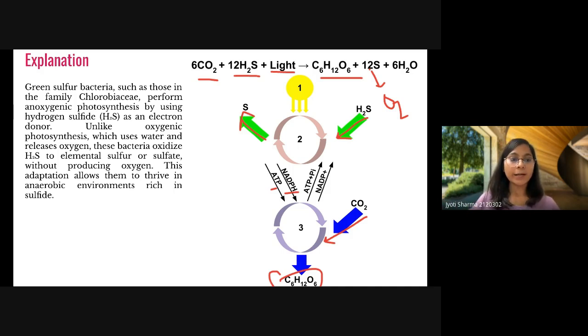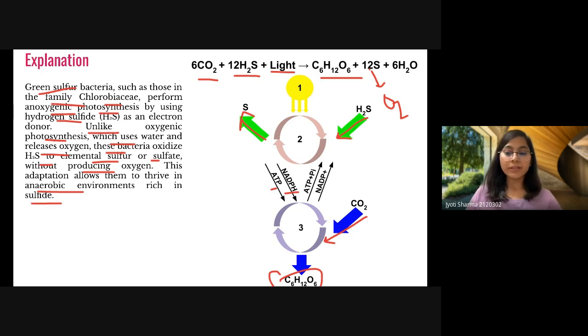So just see the write-up. Green sulfur bacteria, such as those in family Chlorobiaceae, perform anoxygenic photosynthesis by utilizing hydrogen sulfide as an electron donor, unlike oxygenic photosynthesis, which uses water and releases oxygen. And these bacteria oxidize H2S to elemental sulfur or sulfate without producing oxygen, and this adaptation allows them to thrive in anaerobic environments rich in sulfide.